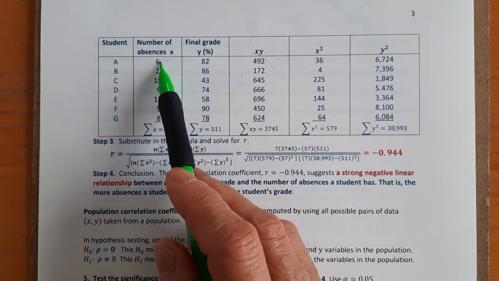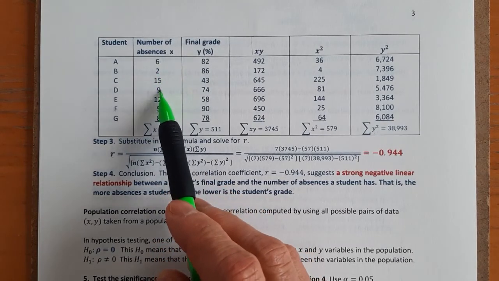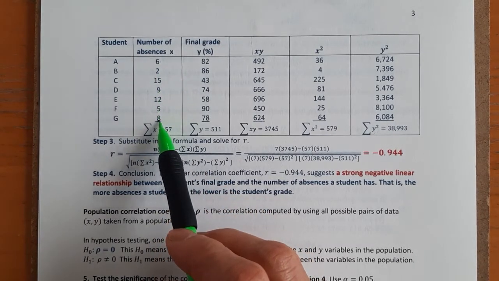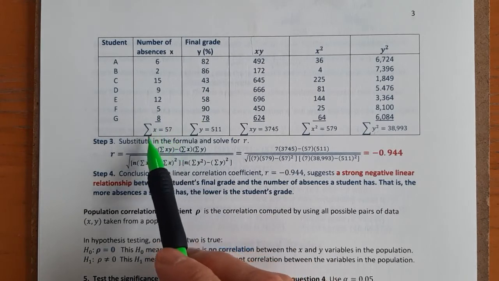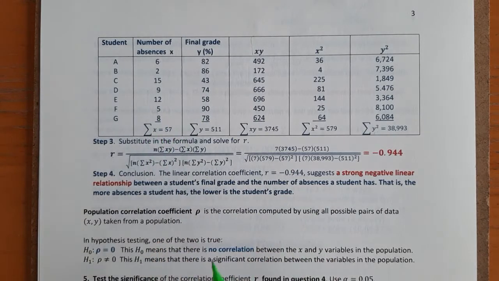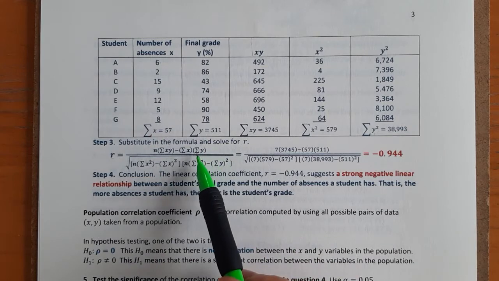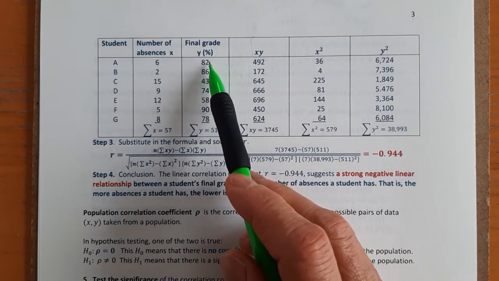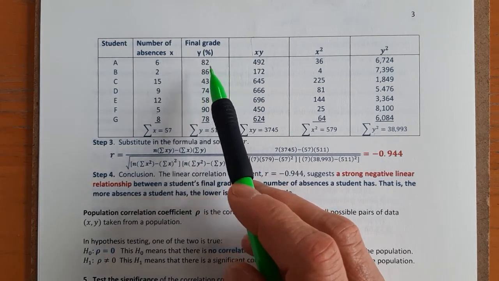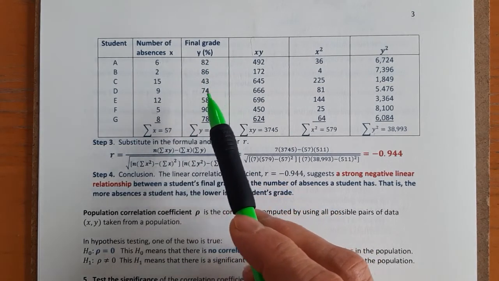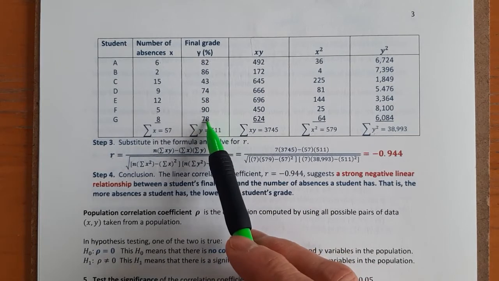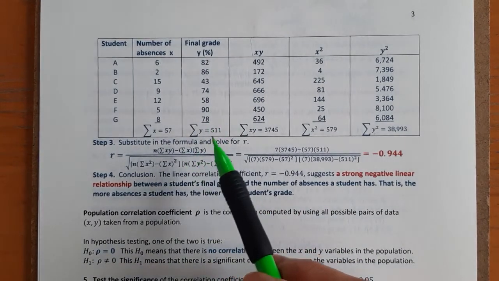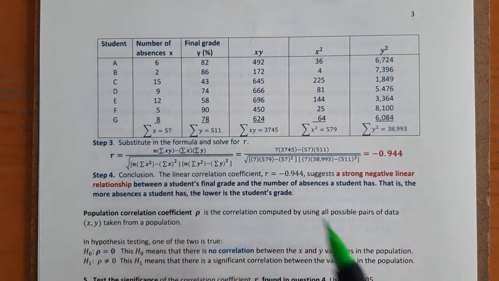So we add together 6, 2, 15, 9, 12, 5, 8. The sum of x is 57. And we need summation y. So add those y values together: 82, 86, 43, 74, 58, 90, 78. Using a calculator, the sum is 511.